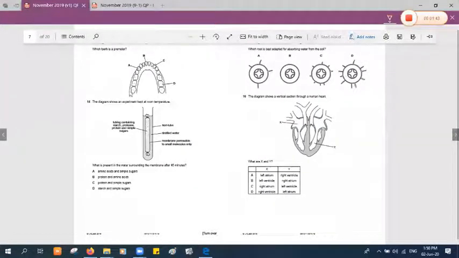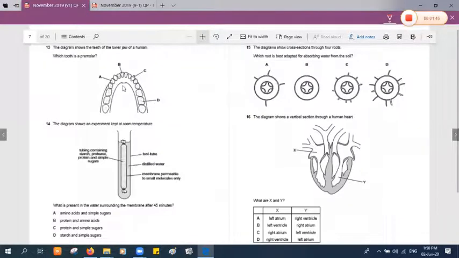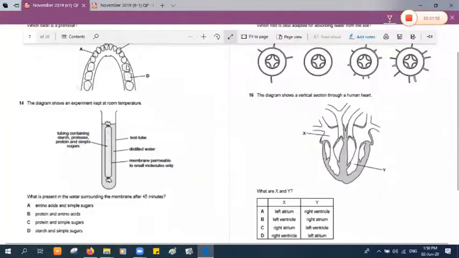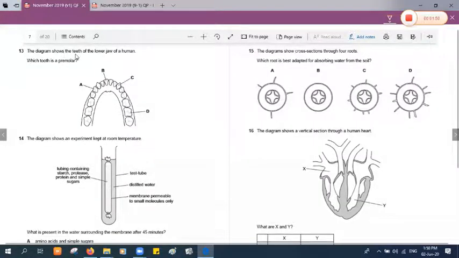This question is important too. Yeah, the diagram shows the teeth of the lower jaw of human. Which tooth is a premolar? This question is tricky. Which one is premolar?